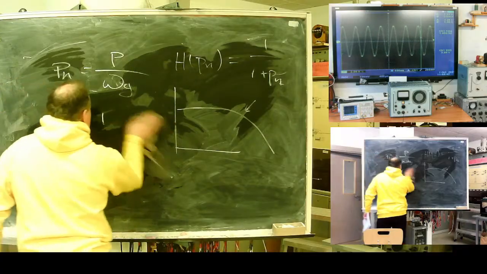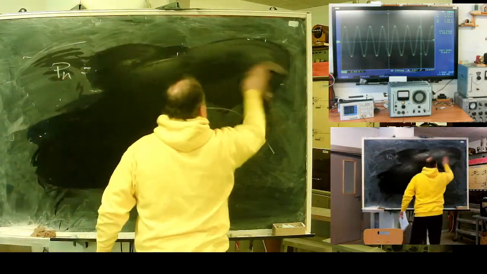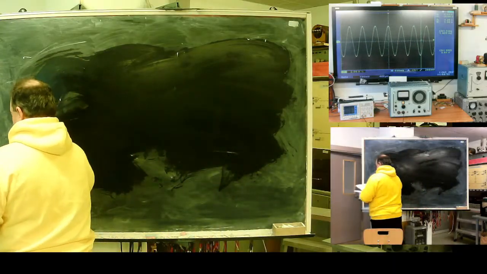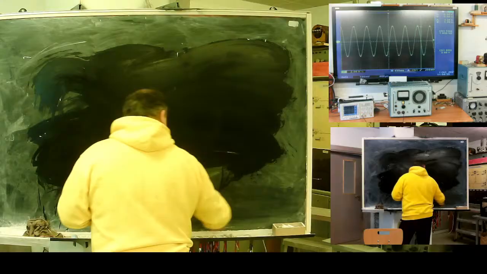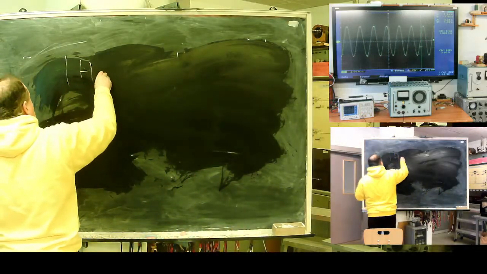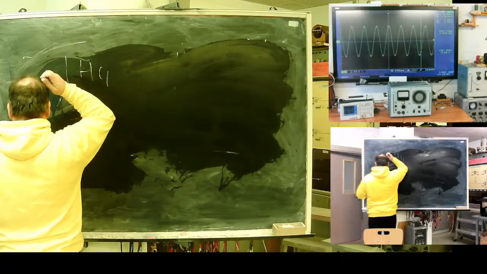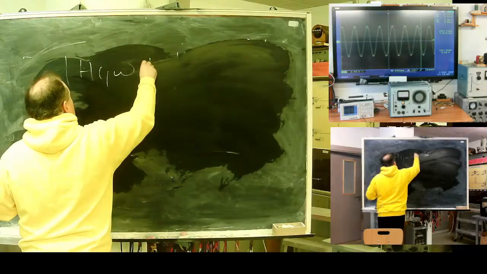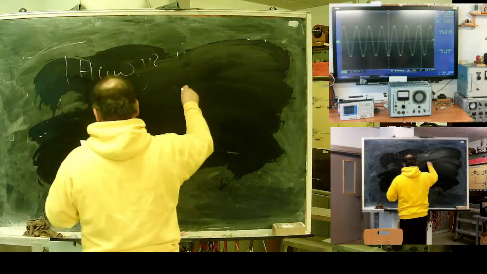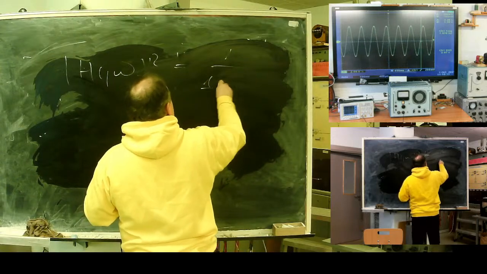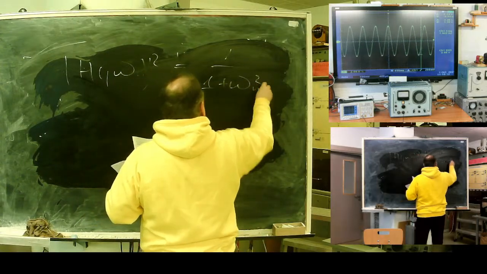If you like to draw a nice chart, a nice Bode diagram, the magnitude squared is 1 divided by 1 plus omega n squared.